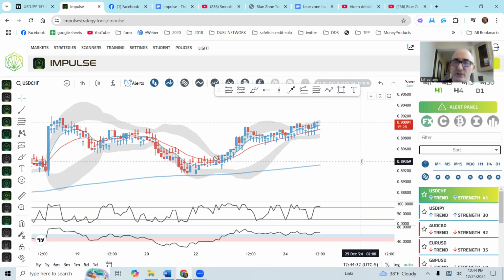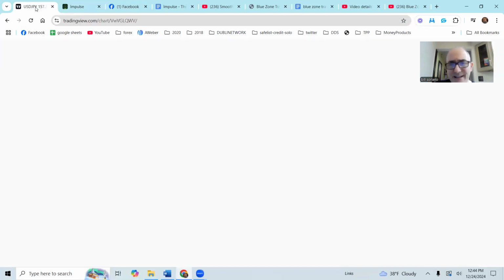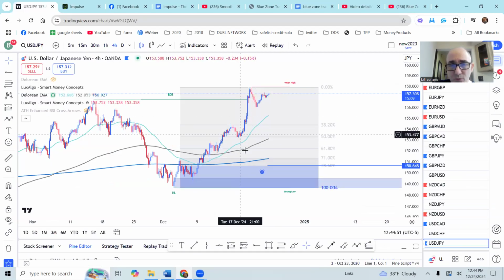Okay. And I'm going to show you how you can use this now along with the blue zone trading strategy, right? How you can use this to take some trades on those weeks where price just isn't moving. Because what happens is, guys, price doesn't always pull back to this 78.6. You could see here how price moved up, pulled back, and then it shot up further, right?